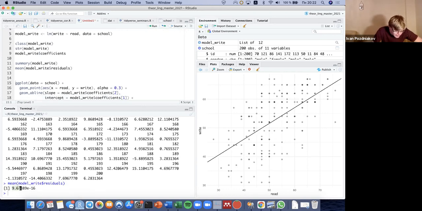Here you have something like 9.x7 e minus 16. It means a really small number, and it would be 0, but the computer is not precise enough to calculate such small things.